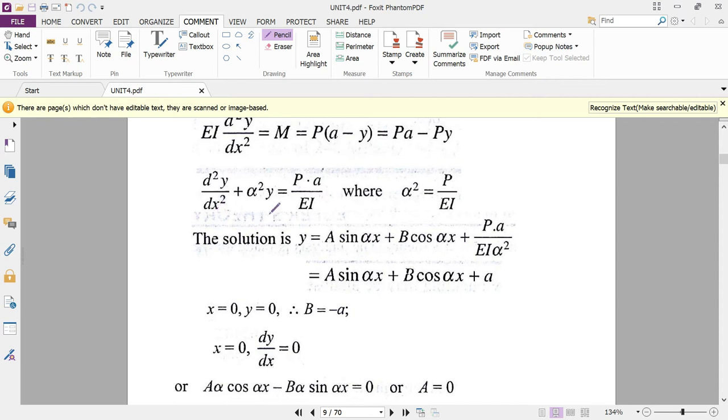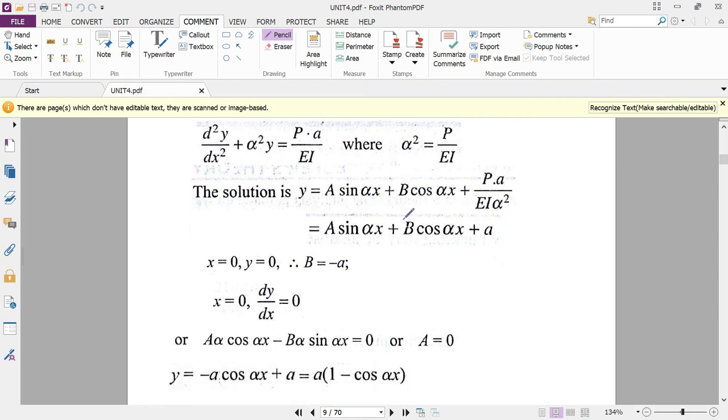Now the solution of this is given by y is equal to a sin alpha x plus b cos alpha x plus this additional value, which will become pa divided by EI alpha square. So again a sin alpha x plus b cos alpha x can be written as a.